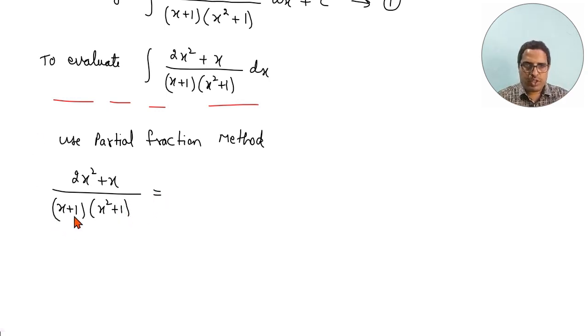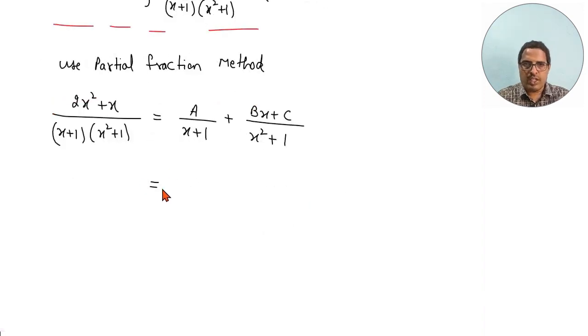If you look at the first term, x plus 1 is a linear term, therefore we can write it as a by x plus 1 plus, for the next term, x square plus 1 is a quadratic term, therefore we can write this as bx plus c divided by x square plus 1. When you have a quadratic term, you have to use bx plus c. Let us take the LCM over here. LCM is x plus 1 into x square plus 1.